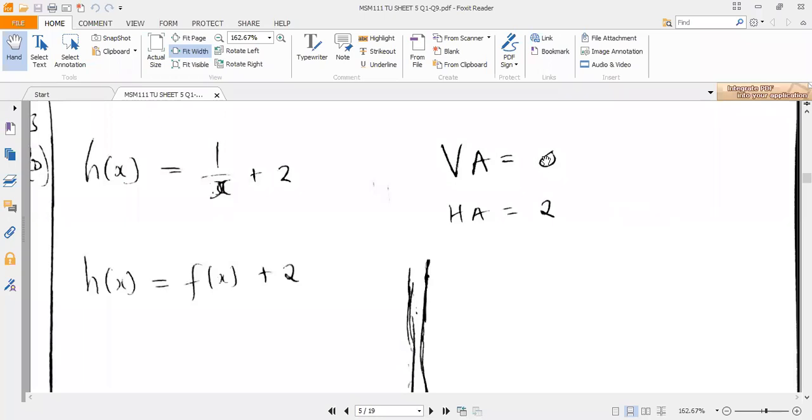Yes, sir. When you look at this function, 1 over x plus 2, what value can we put for x that will make this function undefined? Zero. Yeah, so that's where 0 is coming from. The vertical asymptotes are just points that make the function undefined.